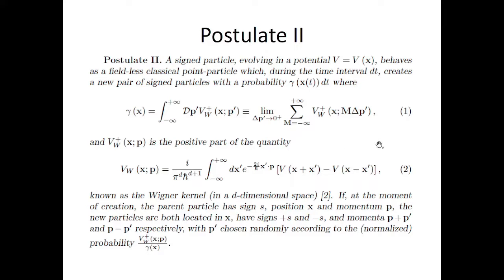So in other words, if you have sign particles that are moving in space and these particles are in the presence of some potential V of x, essentially from the function V of x you can compute the Wigner kernel V_W, and from the Wigner kernel you can compute the function gamma of x, which essentially tells you what is the probability of creating a couple of sign particles.